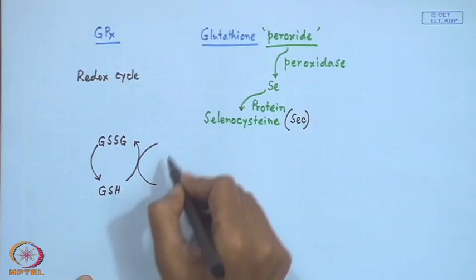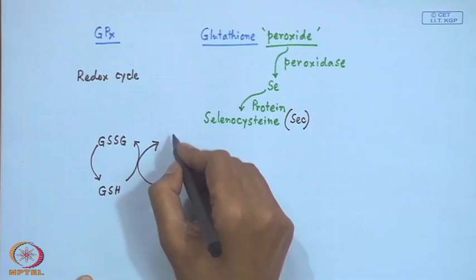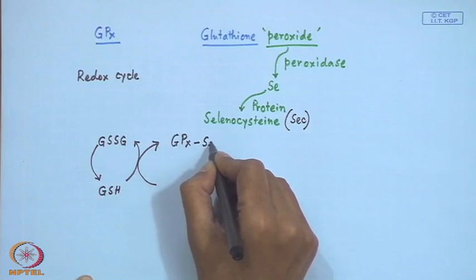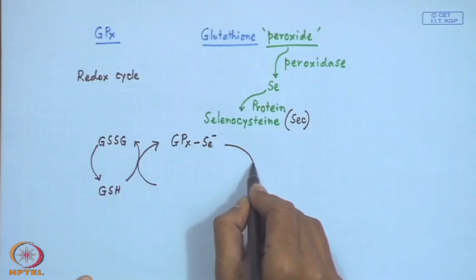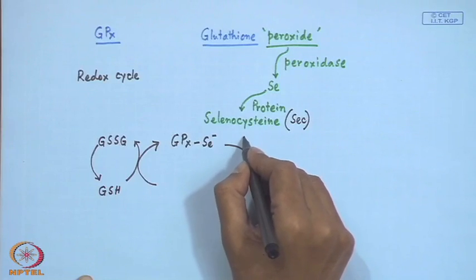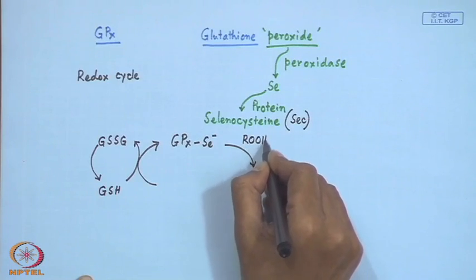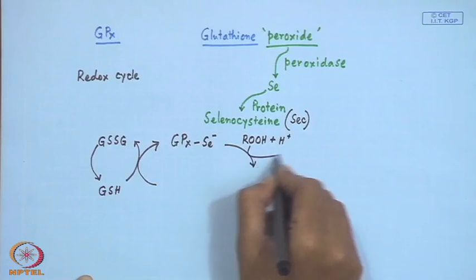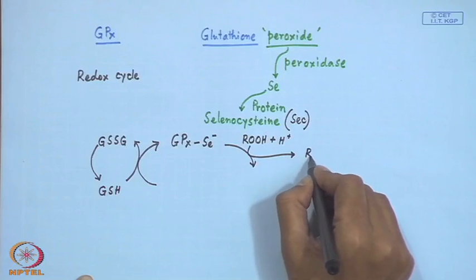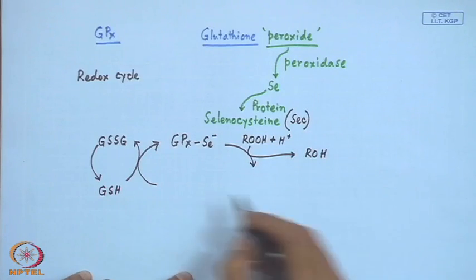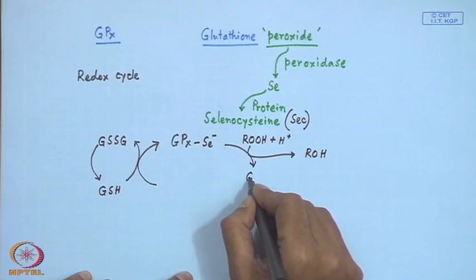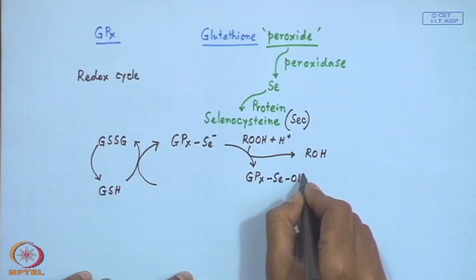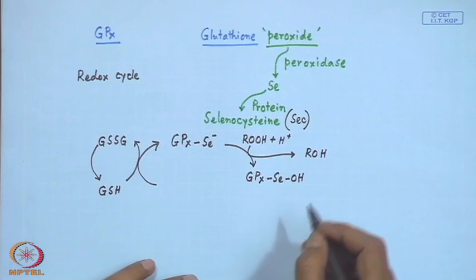And when these are coupled with our glutathione peroxidase bearing selenium group, which is acting on the organic alkyl peroxides in presence of proton, forming the corresponding ROH group, our GPX is forming a selenol.